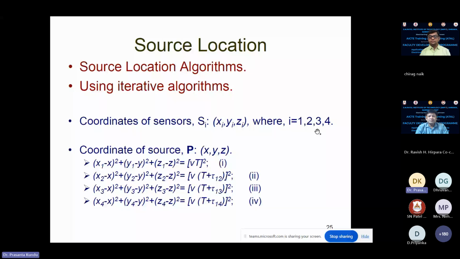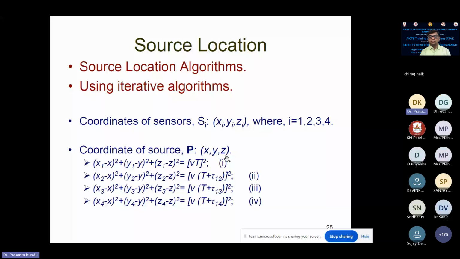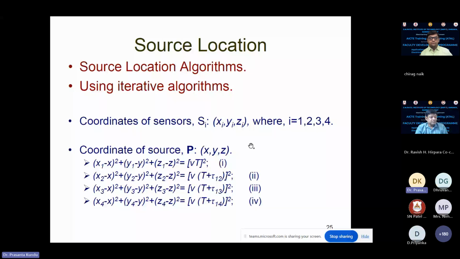Now capital T is the travel time from the PD to the first sensor, which will observe the signal first. This will come after a few iterations, after a few more measurements. That is the triggering time.